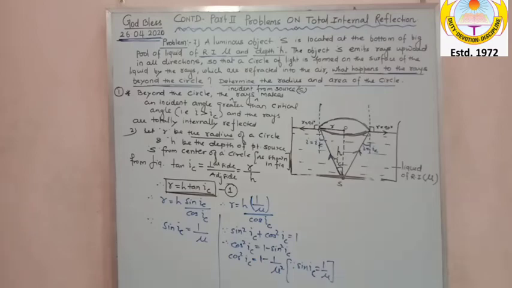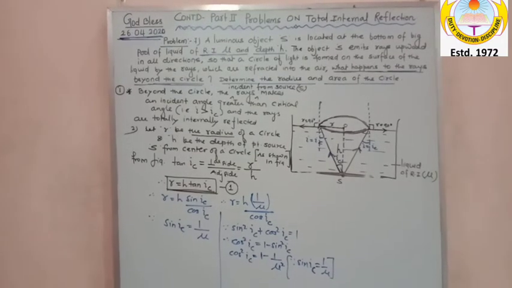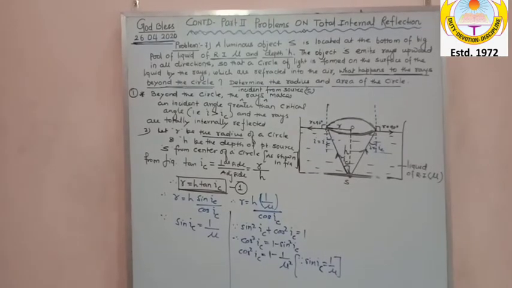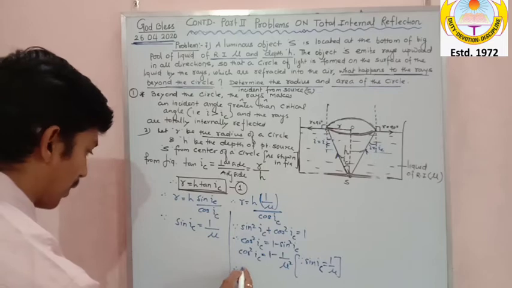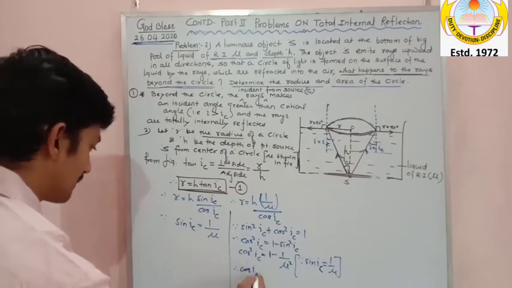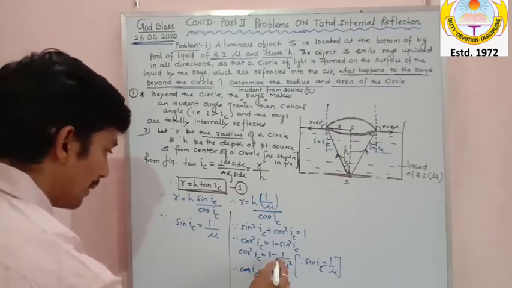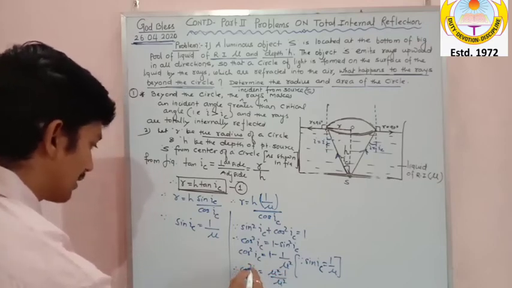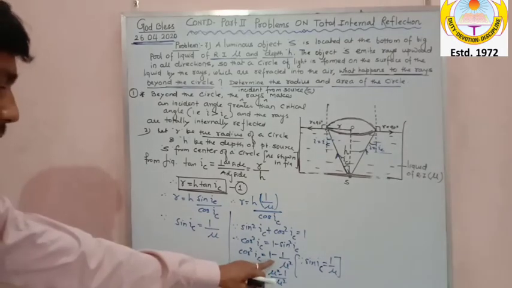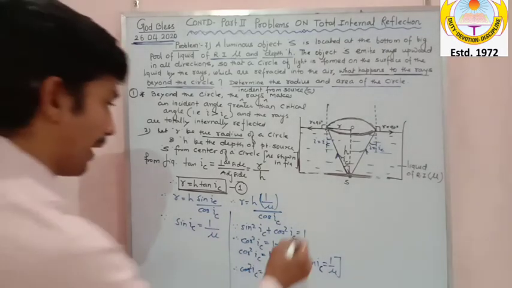This cos square IC is 1 minus 1 upon mu square, therefore cos square IC is equal to mu square minus 1 upon mu square.